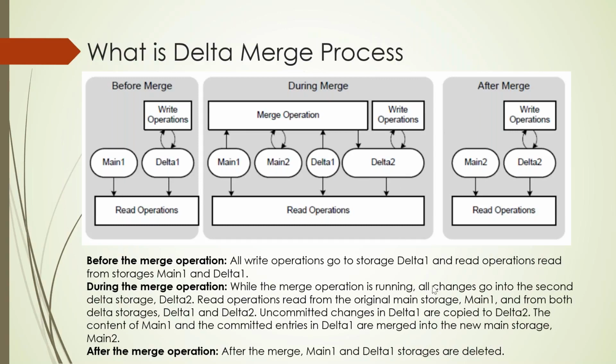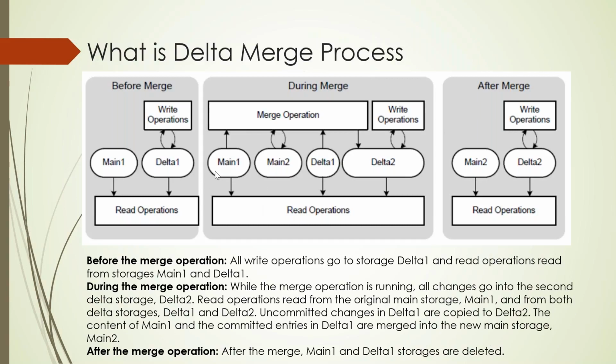What happens after the merge? Once the merge process is completed, main one and delta one are deleted, so you will see only main two and delta two. After the merge process is completed, it deletes main one and delta one because they are unused. Why?